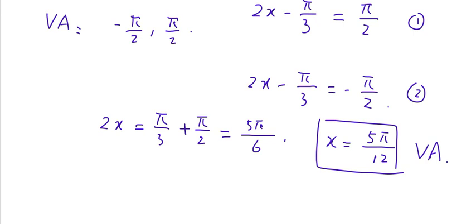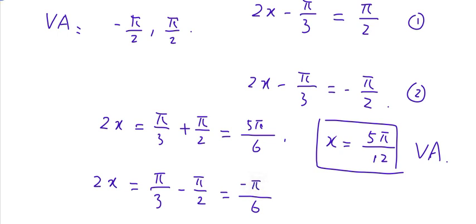And then for the other one, let 2x equal pi over 3 minus pi over 2. Again, use common denominator, so this becomes negative 1, right?